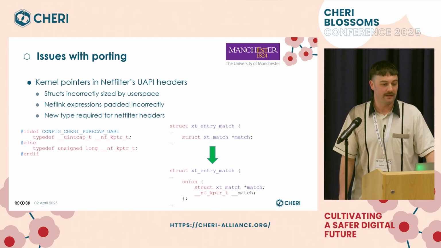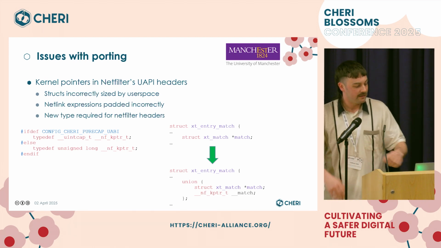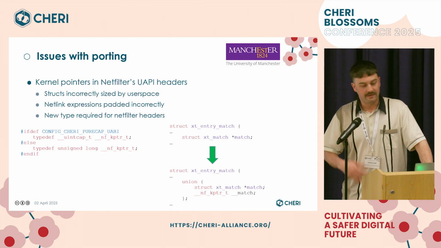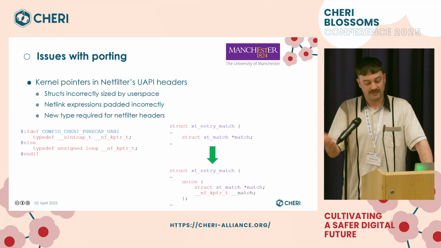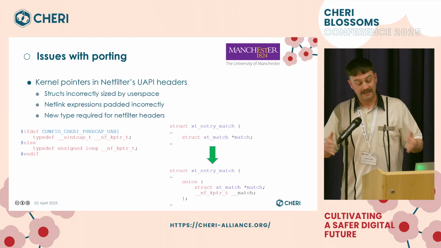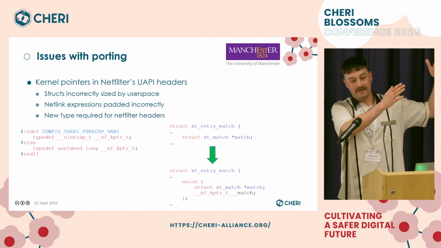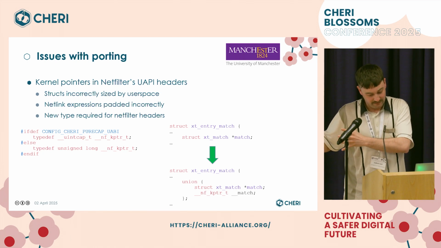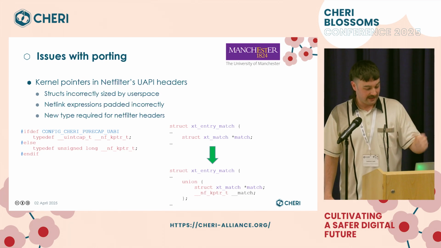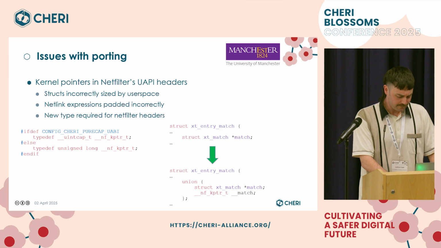So we needed to create a new type for these, which changes their size depending on whether you're using the PureCap user space ABI or not. This sounds like a trivial fix in these headers, but because of the levels of indirection between the nested netlink packets, the structures that form in the kernel and the commands in user space, it took quite a while to hunt down the source of the problem.